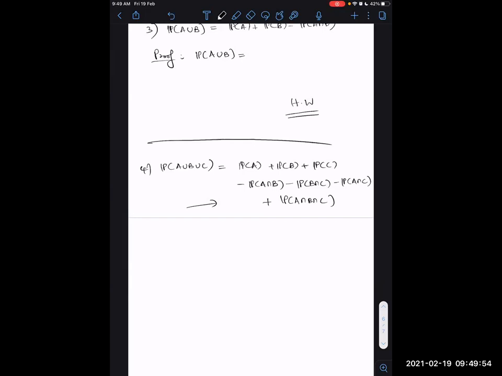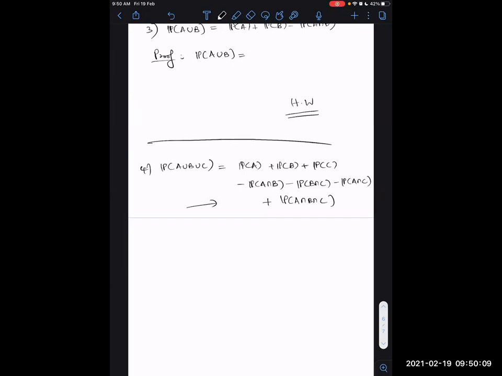So compare the LHS of this statement with the RHS and use Venn diagrams to prove this. You can view the areas covered in these Venn diagrams as probabilities.